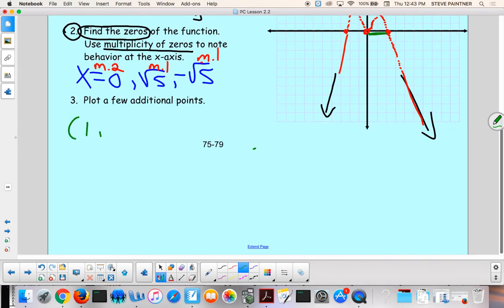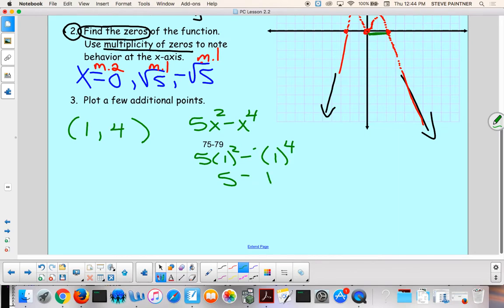1 goes in. Now I can't remember the function. Help me. 5x squared what? Minus 6. Okay, thank you. Okay, you guys, I want you to do the work here, so plug it in. You can work those out in your head. These are pretty easy. This would be 5. This would be what?